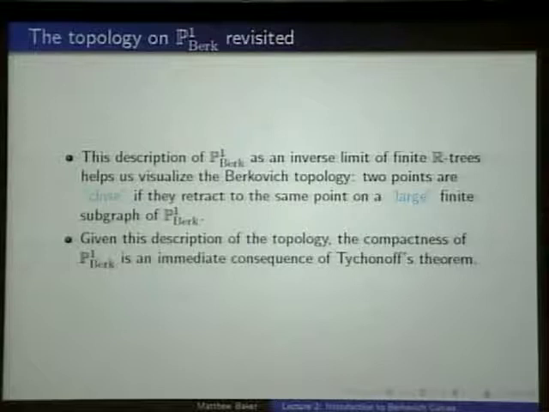And conversely, a point of the inverse limit is a family of points that retracts to the previous point under these retraction maps. And at least if you're moving downward in the tree, that will give you a nested sequence of disks. Of course, you can also move upward in the tree and have compatible families. But anyway, that's taken care of.